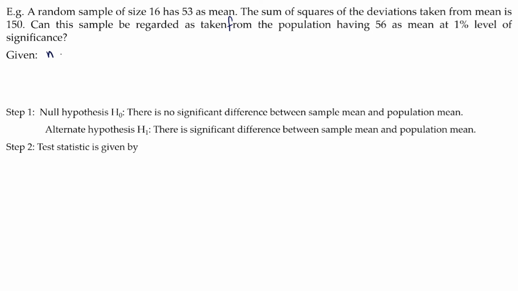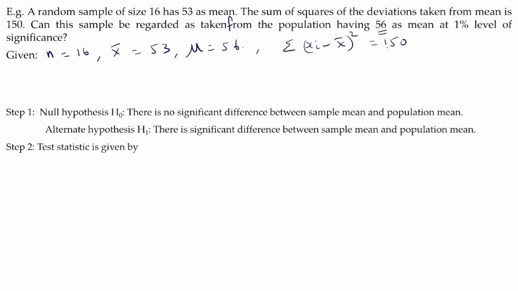Given the sample size n equal to 16 and sample mean x bar equal to 53, and then the population mean is 56, mu equal to 56. And then one more thing which is given is the sum of squares of deviation from mean, that is summation xi minus x bar square, this is equal to 150.